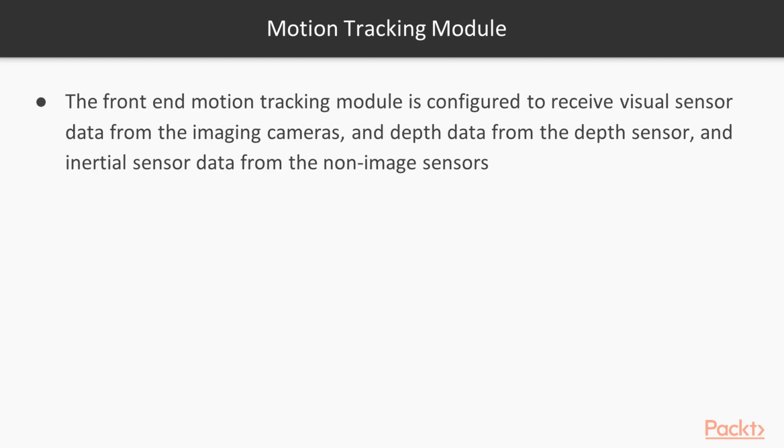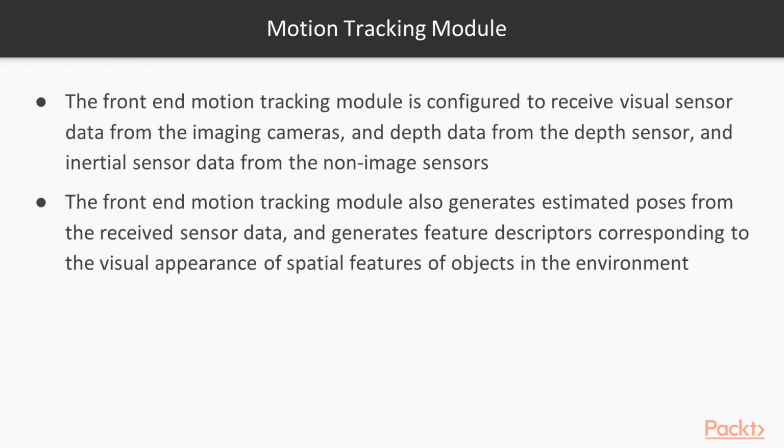So let's start with the motion tracking module. The front-end motion tracking module is configured to receive visual sensor data from the imaging cameras from the mobile phones and depth data from the depth sensor at the back of the phone and inertial sensor data from the non-image sensor.